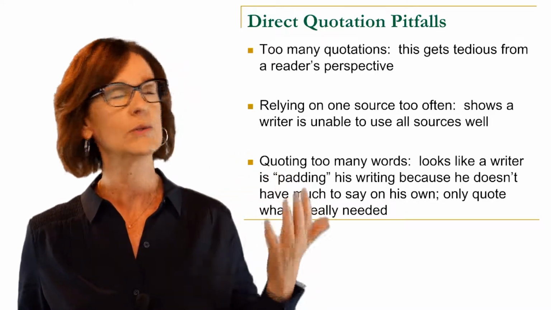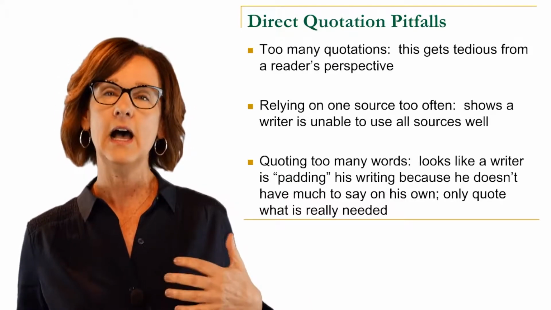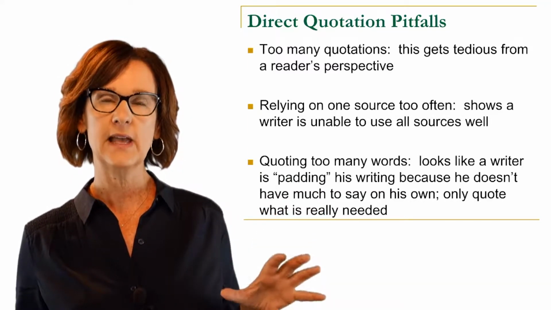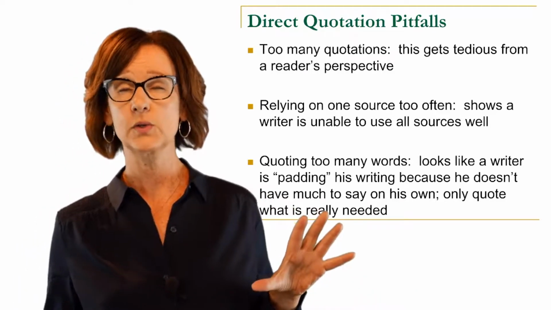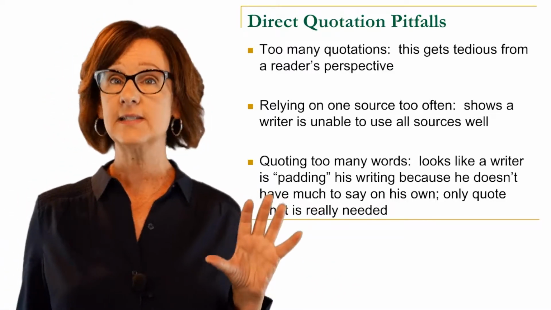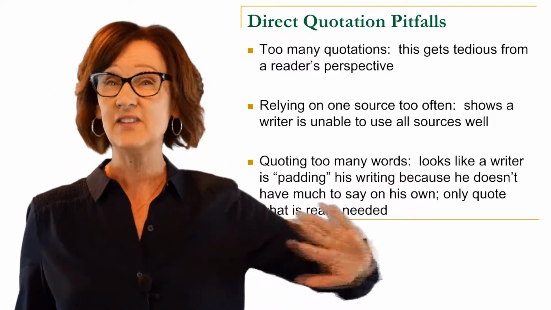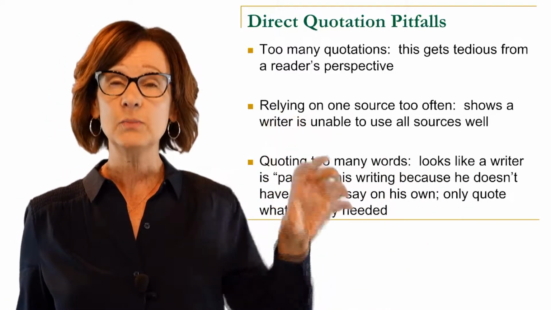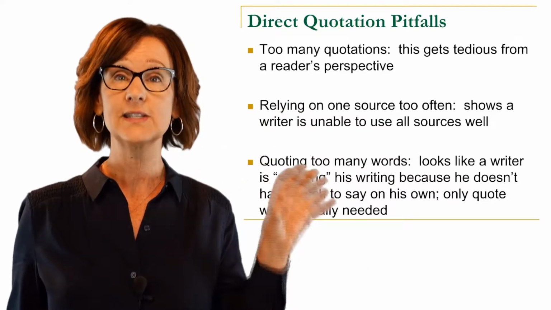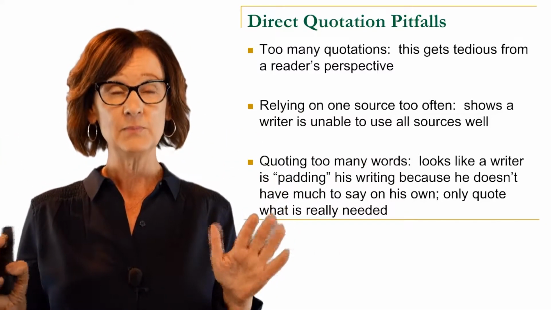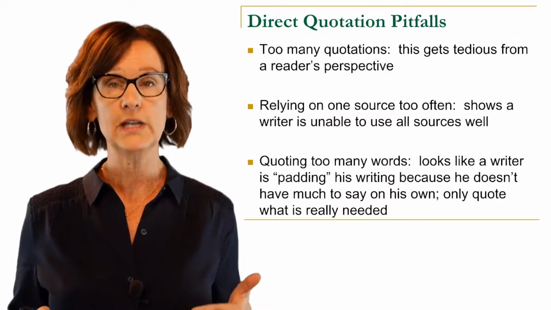If you're just reading quotation after quotation, you know, I always tell students that only about 20% of a paper that requires sources should be cited source material. The rest of the paper, so maybe 70 to 80%, should be the writer's own words and ideas. If you keep that 80-20 balance in mind, you will not have too many quotations.